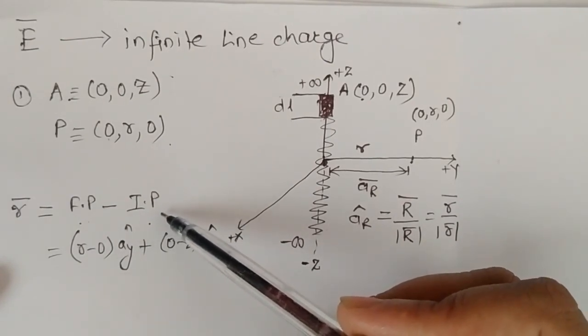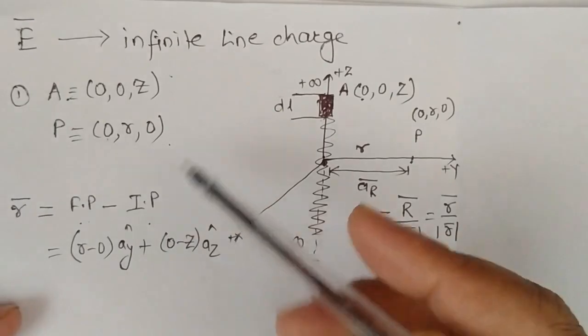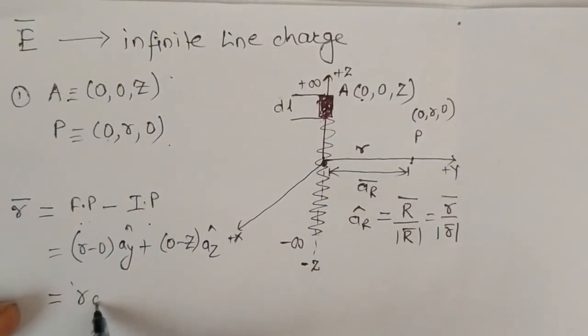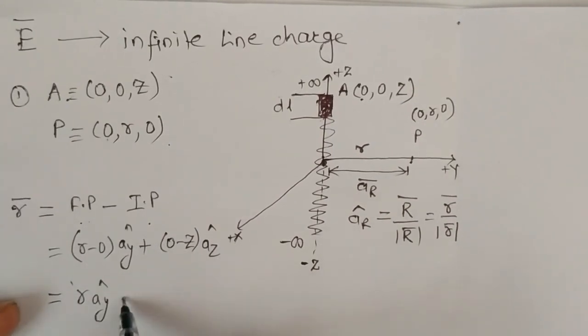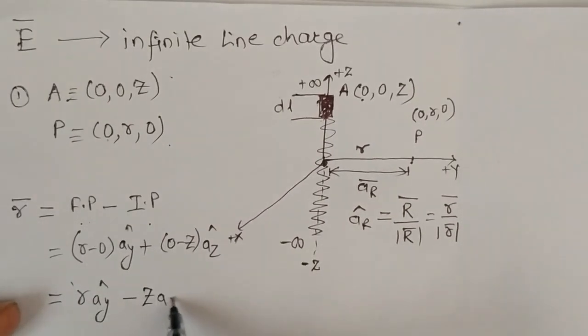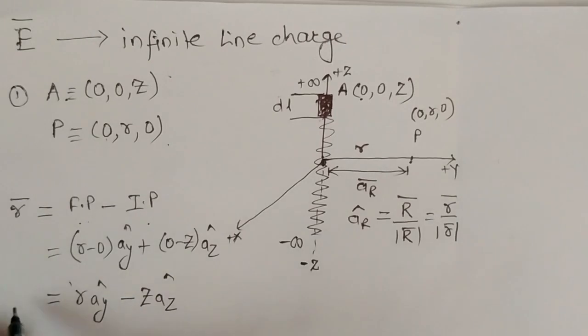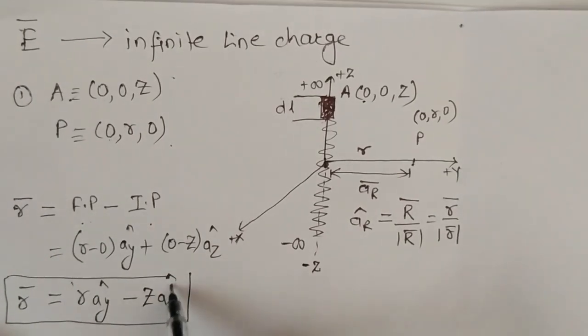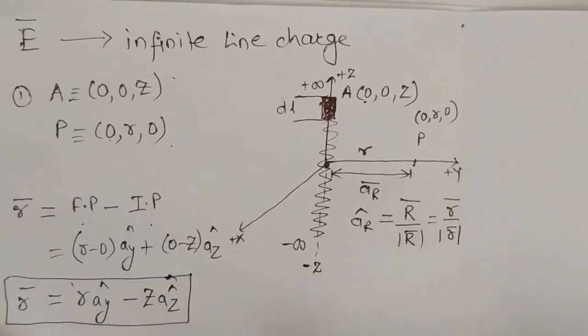That is what position vectors are, in short. So simplifying this equation, we have r a_y cap minus z a_z cap equals r bar, and this is the value of your vector r bar.